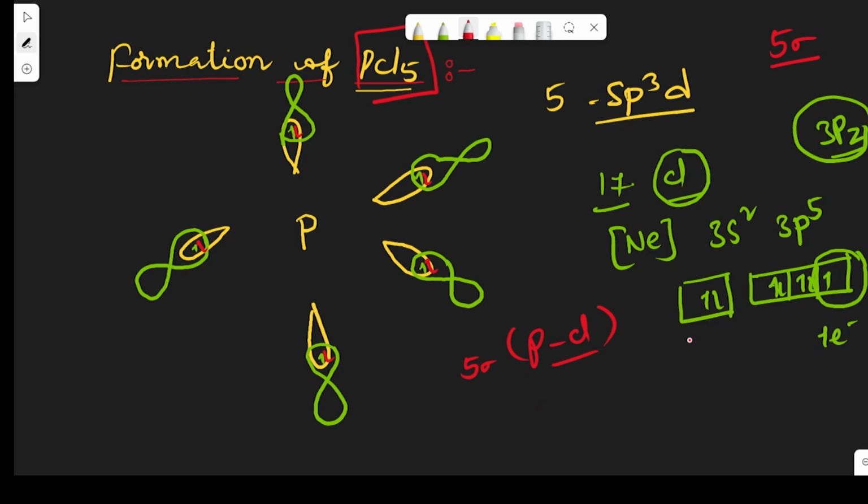It is very nice. Let me explain one more point. Here the shape of PCl5 is trigonal bipyramidal. Let me draw the structure clearly.